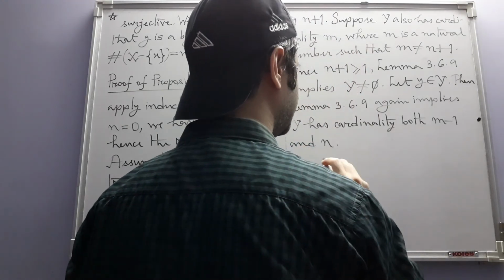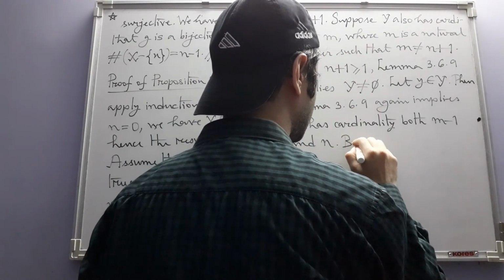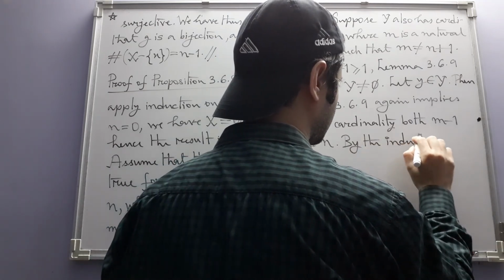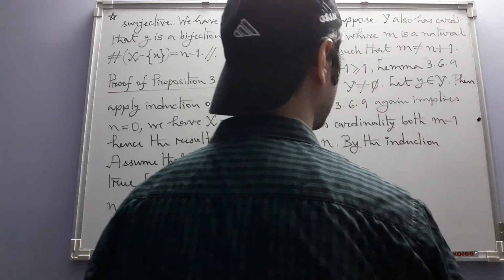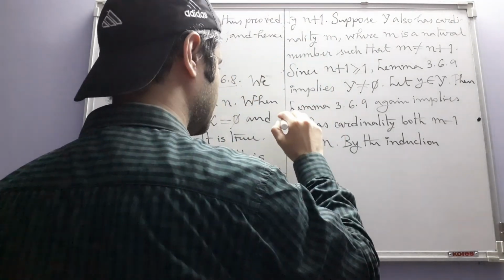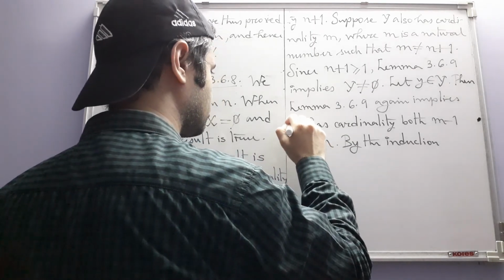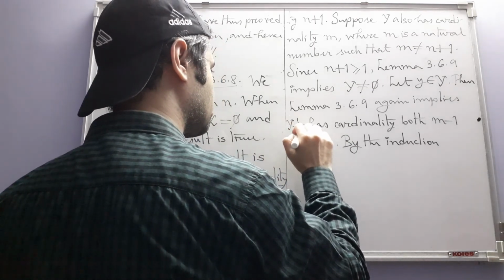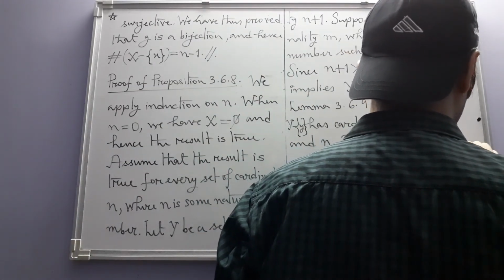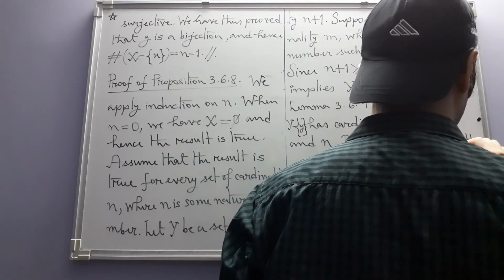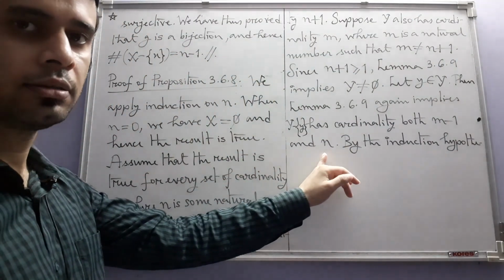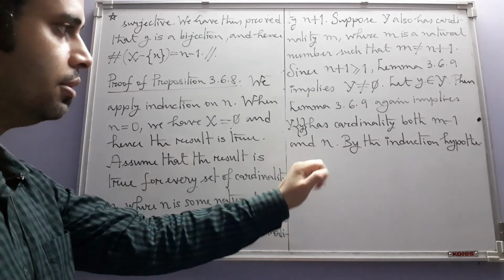So now we can apply the induction hypothesis. By the induction hypothesis, because Y minus y is a set of cardinality n, its cardinality should be unique.